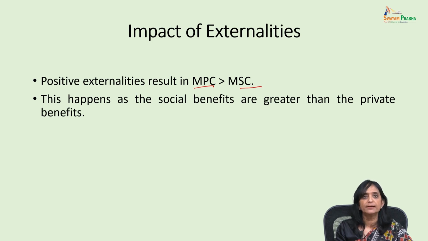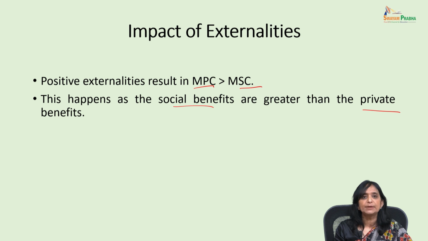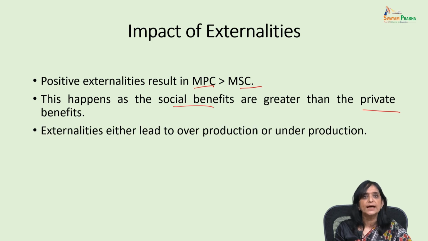But the benefit those bees are creating for the nearby farm owners because of the pollination is not accounted for. So the social benefits are more than the private benefits. In positive externality, therefore, there is again a divergence between the private cost and the social cost. And in this case, your marginal private cost is more than the marginal social cost.